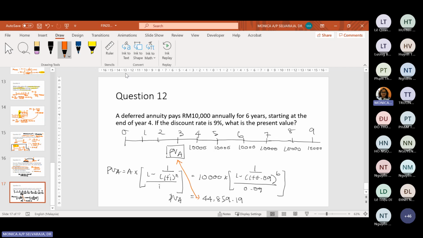So now from here, I want to calculate to the present. So 1, 2, 3. So it will be PV is equals to, as the answer.